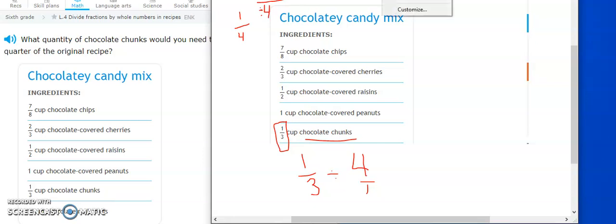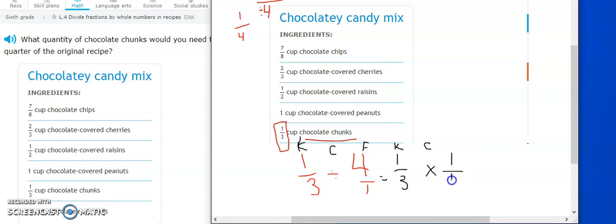If I use my keep change flip, it becomes 1/3 times. I change the divide to a times sign, and then I need to flip that last number. I'm going to write my little K for keep the 1/3 the same, C for change divide to multiply, and then don't forget to flip that last number.